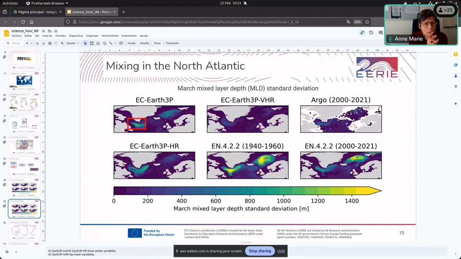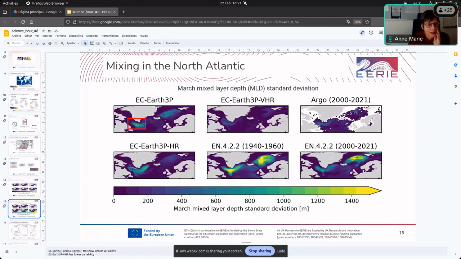I mean, how is it computed? From the monthly values or from the... Yeah, it's from the monthly values and only for March. So you take all the months of March in your 76 years, and you have less interannual variability in these years in the high resolution model.